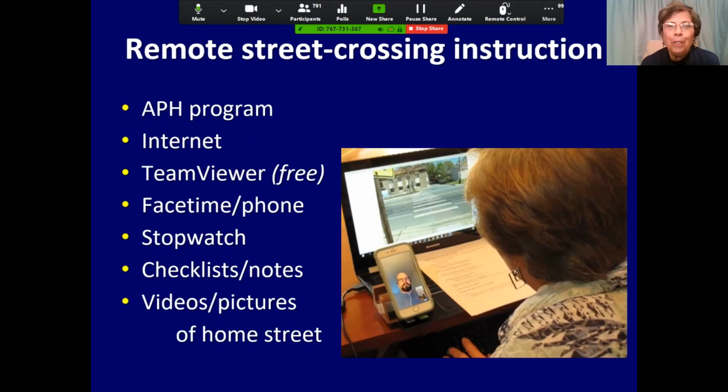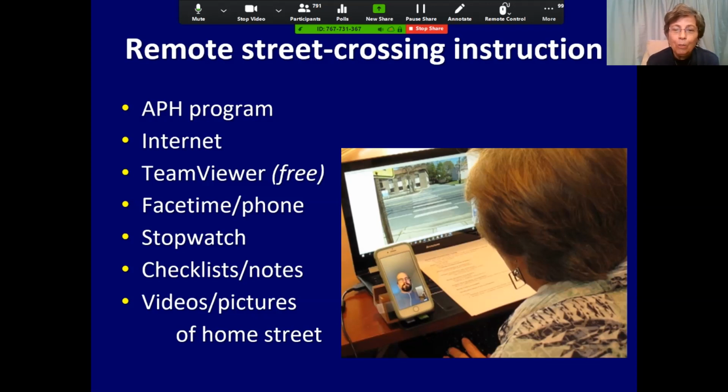So what did we use for the remote street crossing instruction? I will say that this can be done without all of these things, but this really made it rock. We had the APH program that we've been talking about. We had internet. We had what Jeremy found, the TeamViewer. It's actually free. The one I had found was going to cost $44 a month, and like I said, it couldn't work with Macs.